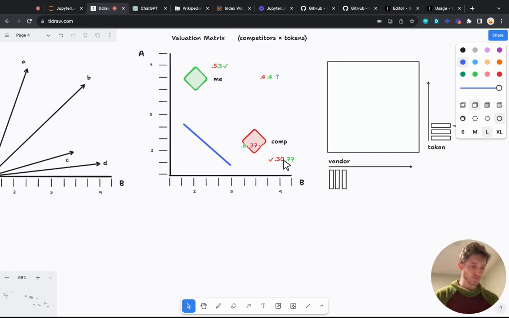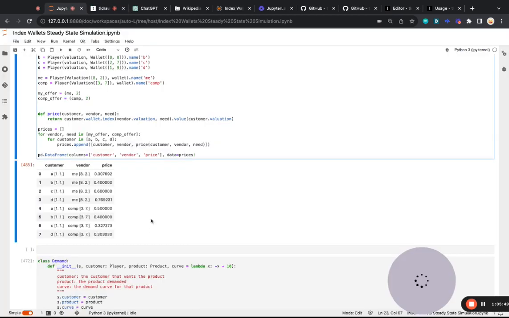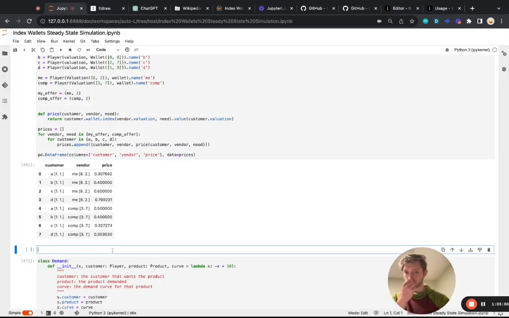We can compute this, right? Let's do something really ugly.